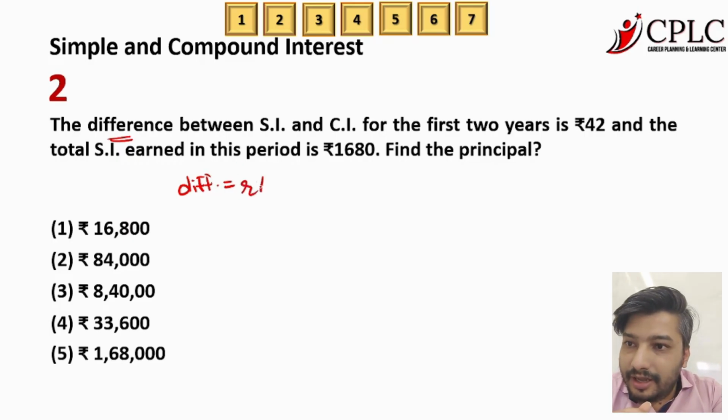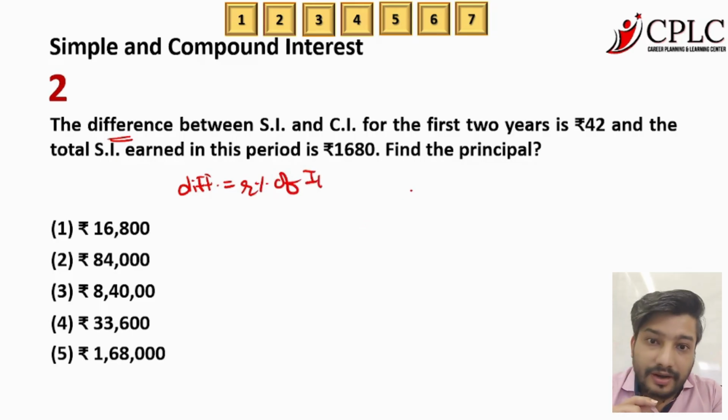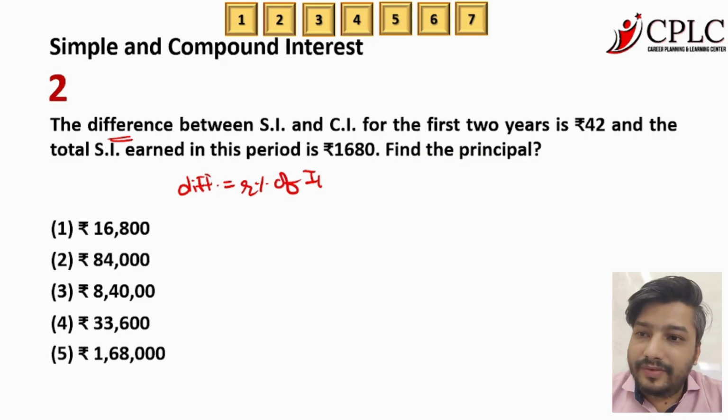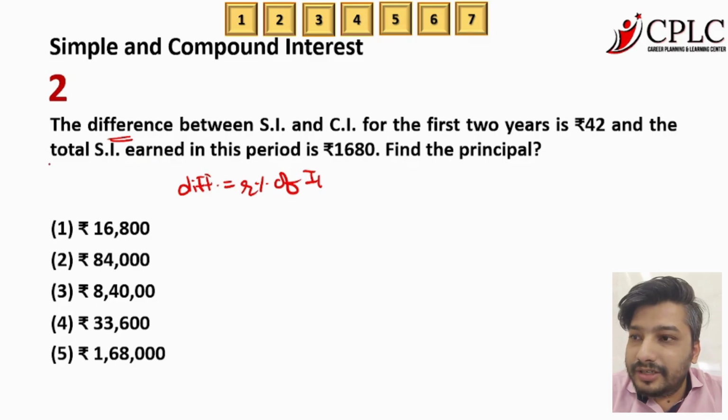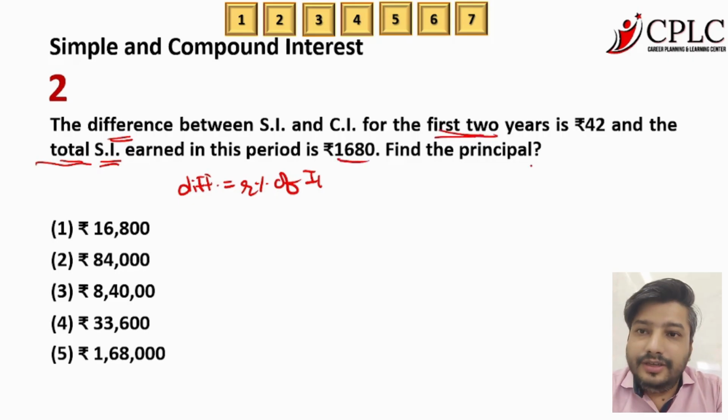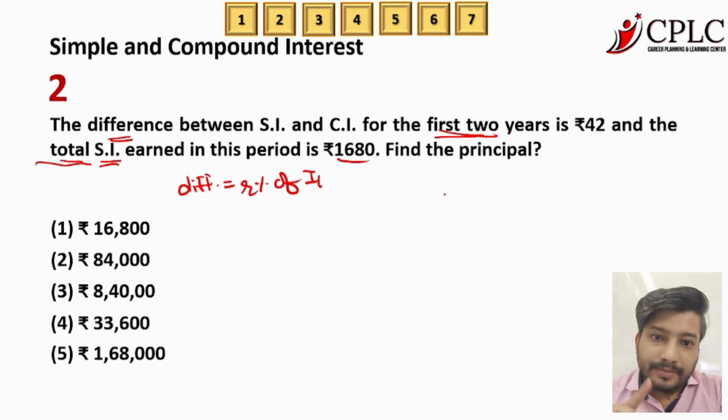But then you need to understand what I1 is here. If you remember the fundamentals, we described I1 as the first year's interest. They have given the simple interest, and look at the language, total SI earned for 2 years. So the simple interest for 2 years is 1680, and simple interest is constant every year.